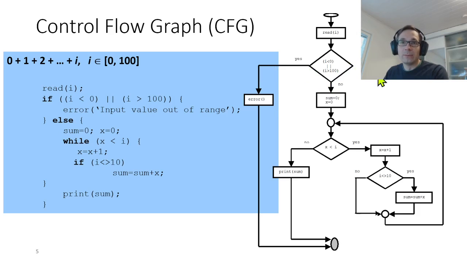Or they could be multiple if it's if, else, if, and so on. We can also see that the loops are represented by conditional testing first, and then returning back to testing whether this while value still works. So now you should understand the basic concepts of the control flow graph.